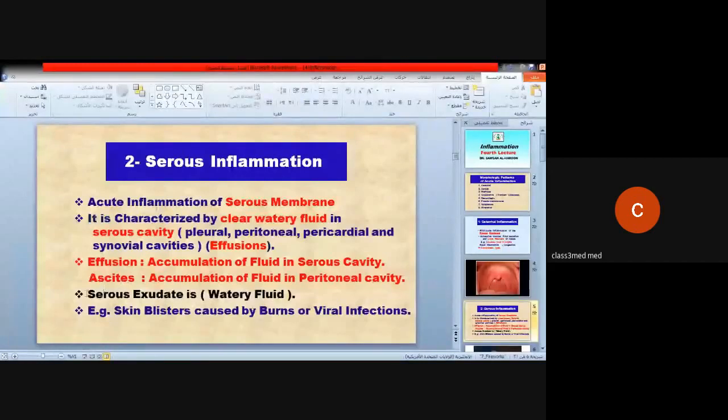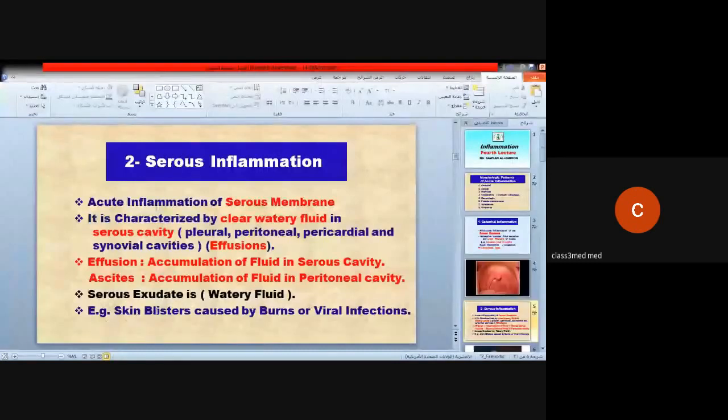An example also of serous inflammation is accumulation of serous fluid or exudate within a skin blister, which is caused by burns or viral infections. The serous exudate is watery fluid. It is not turbid fluid, and it is not mucus fluid.